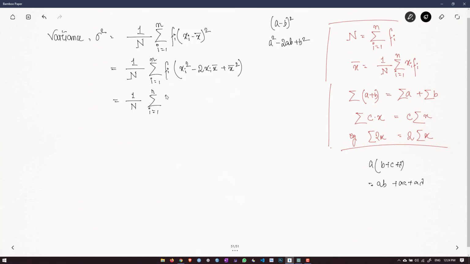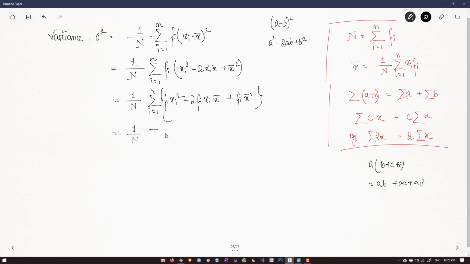Same case here. So fi xi square minus 2 times fi xi x bar plus fi x bar square. Now all of them are under the summation sign. This is equal to 1 by n.